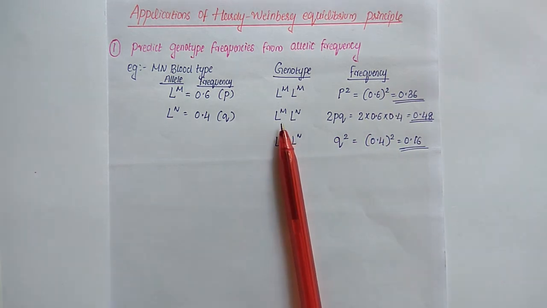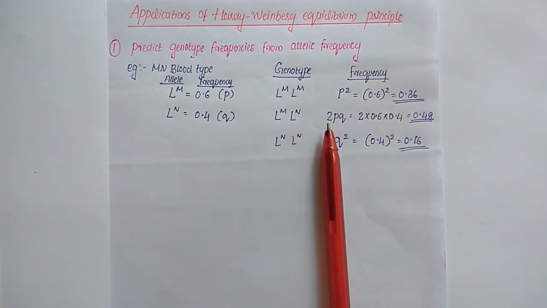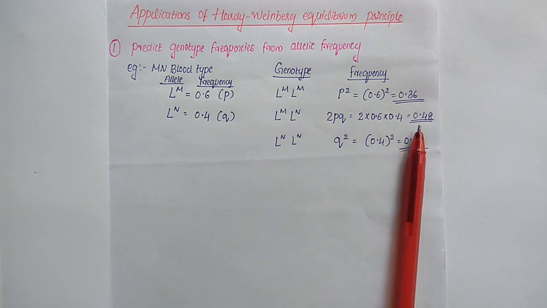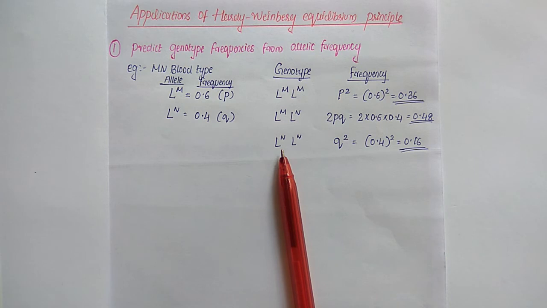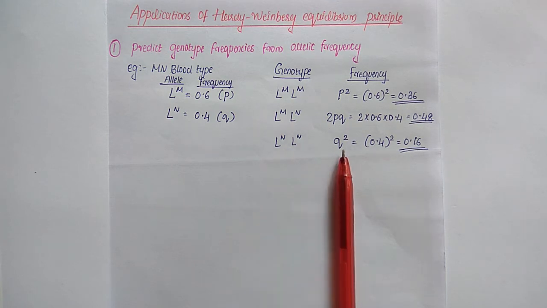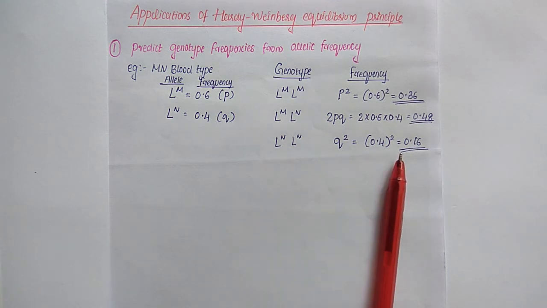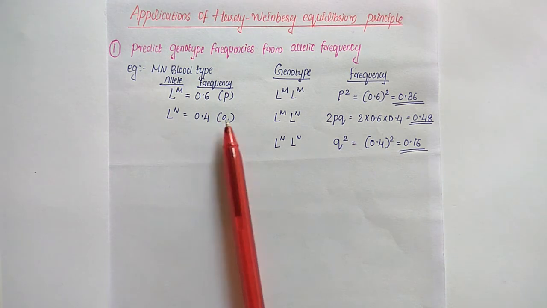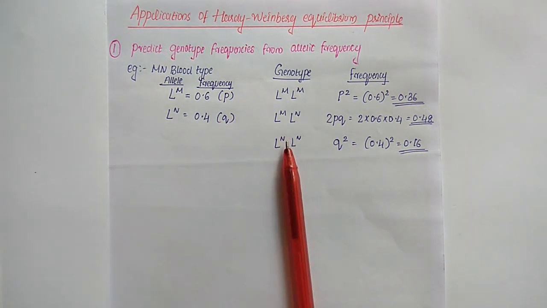The frequency of the heterozygous genotype, L^M L^N, is 2PQ, which is equal to 0.48. And the genotype L^N L^N, the homozygous recessive genotype, has a frequency of Q square, which is equal to 0.16. So by using the Hardy-Weinberg principle, from the allelic frequencies we can calculate the genotype frequencies.